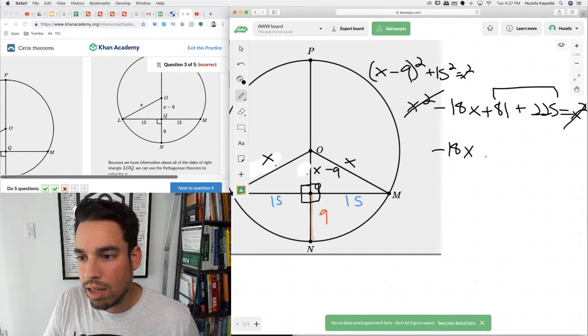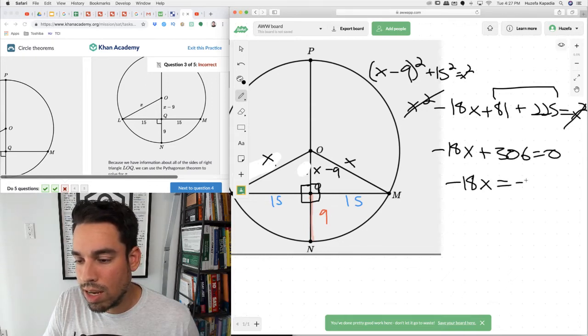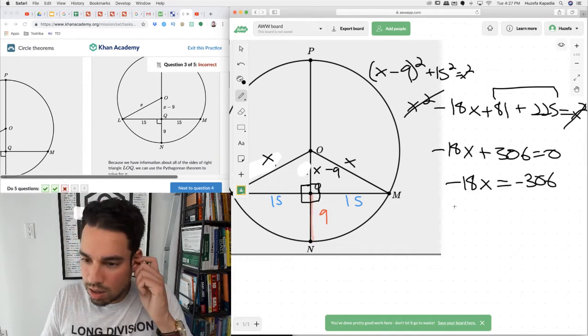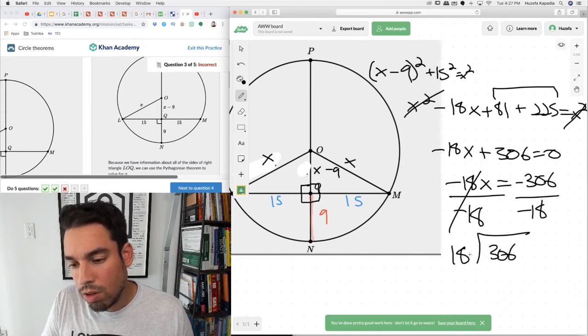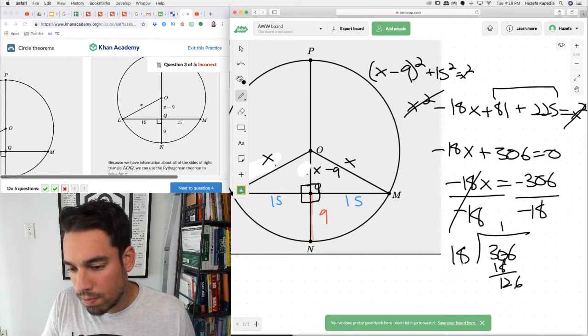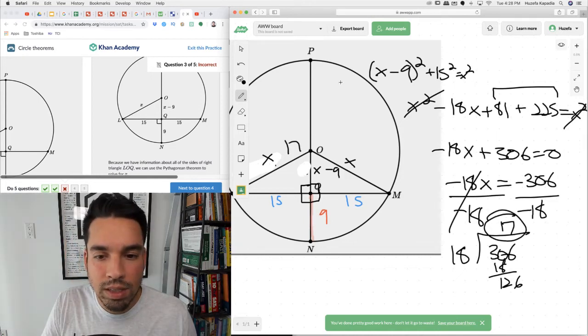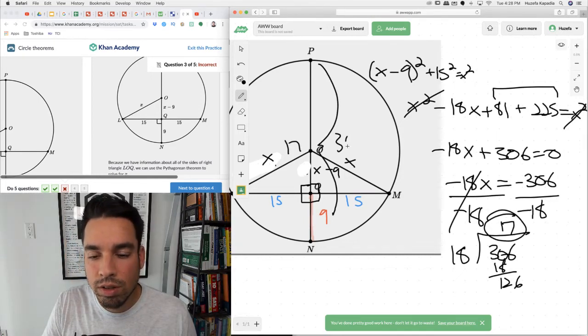So it's negative 18x plus 306 equals 0. Negative 18x equals negative 306. And then we divide by negative 18. Let's see what this is. Must be 34. Or no, try 17, I guess. 7 times 18 is 126. So then the radius is 17, and then the diameter is 34.